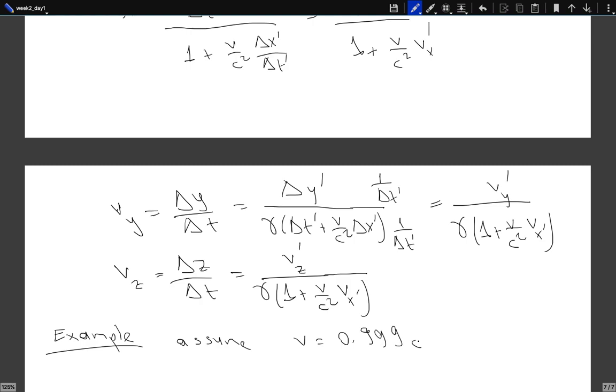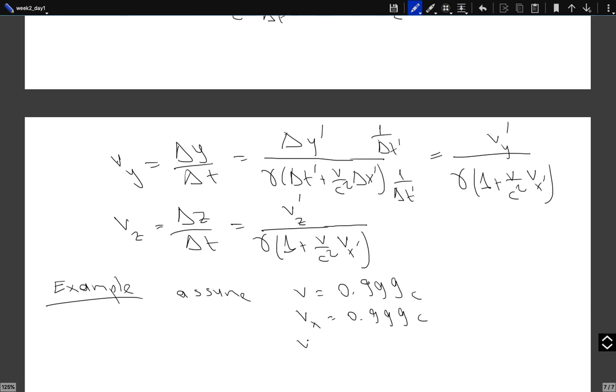And the observer in the other reference frame measures the speed of an object to be 0.999 c, almost the speed of light. And the y component and z component are 0. Now this is Vx prime. These are measured by the other observer.